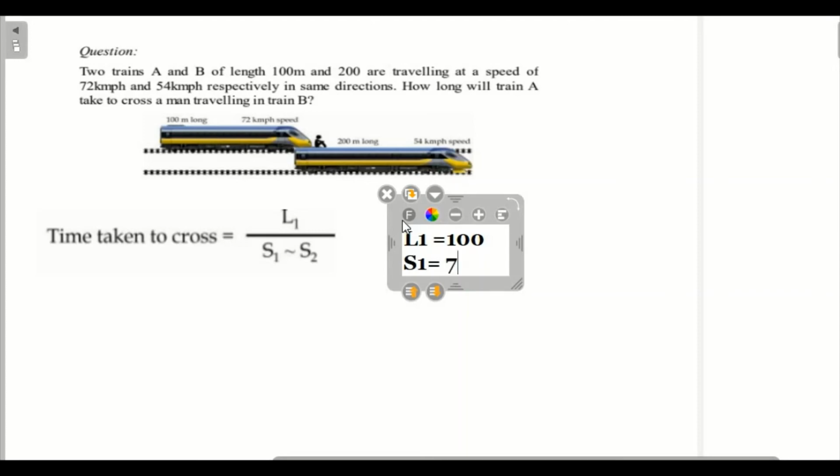So 72 into 5 by... or else you can calculate it in the same way, no issues.